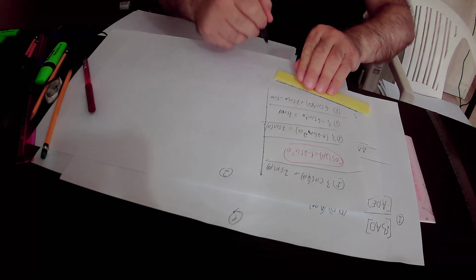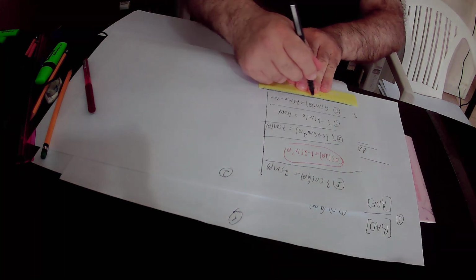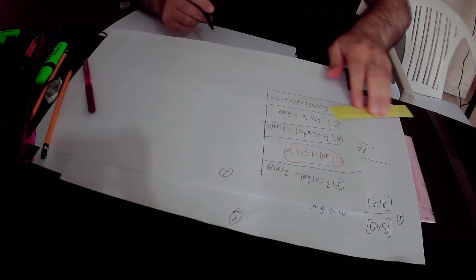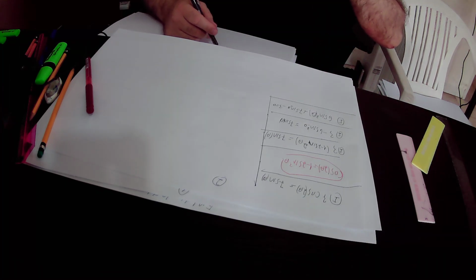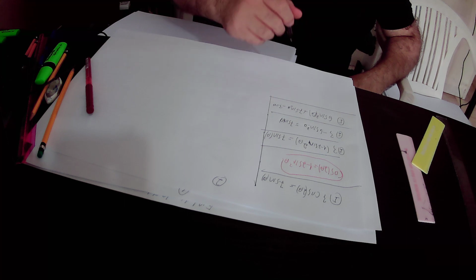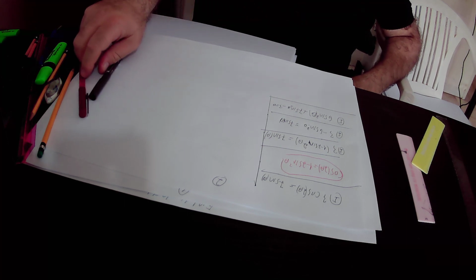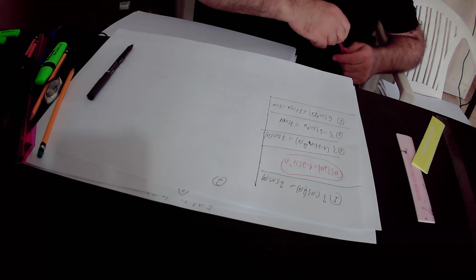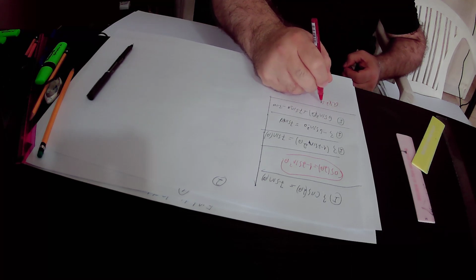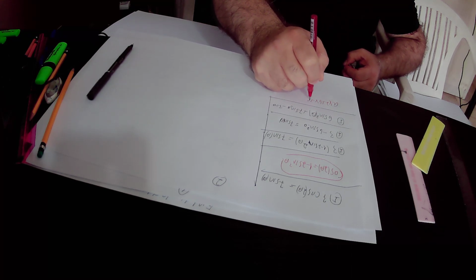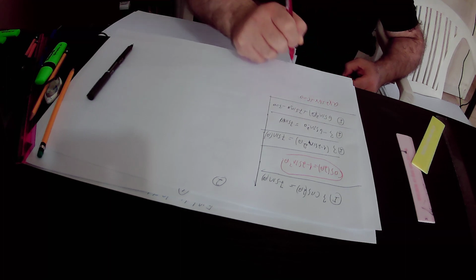So here we have a quadratic equation. The missing variable in this quadratic equation is sine theta, and the general formula for a quadratic equation is ax squared plus bx plus c equals 0.